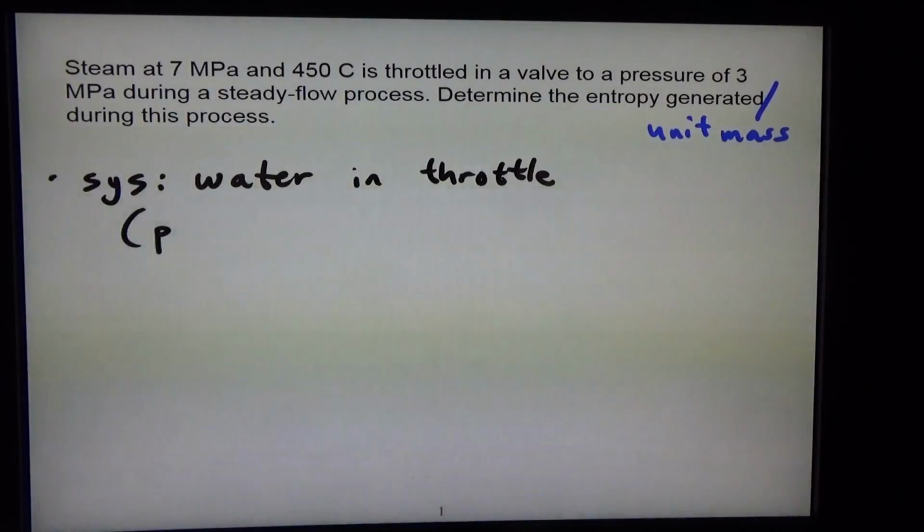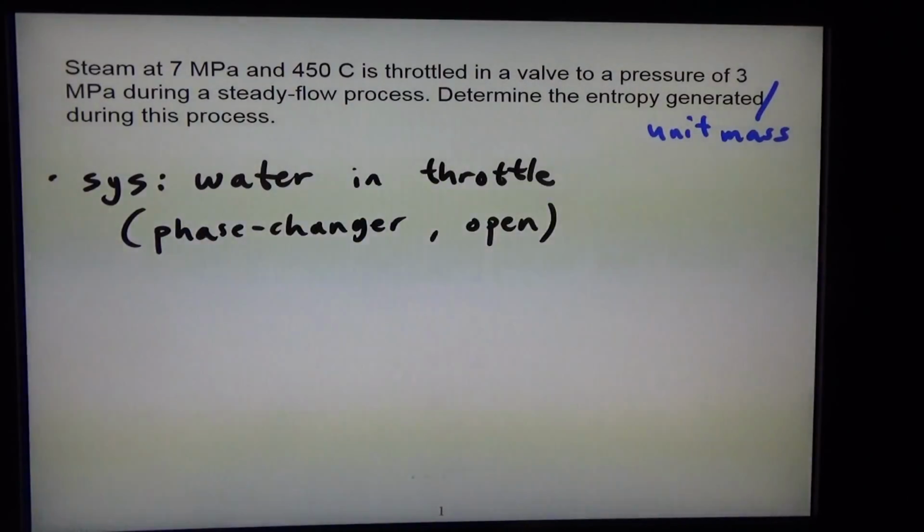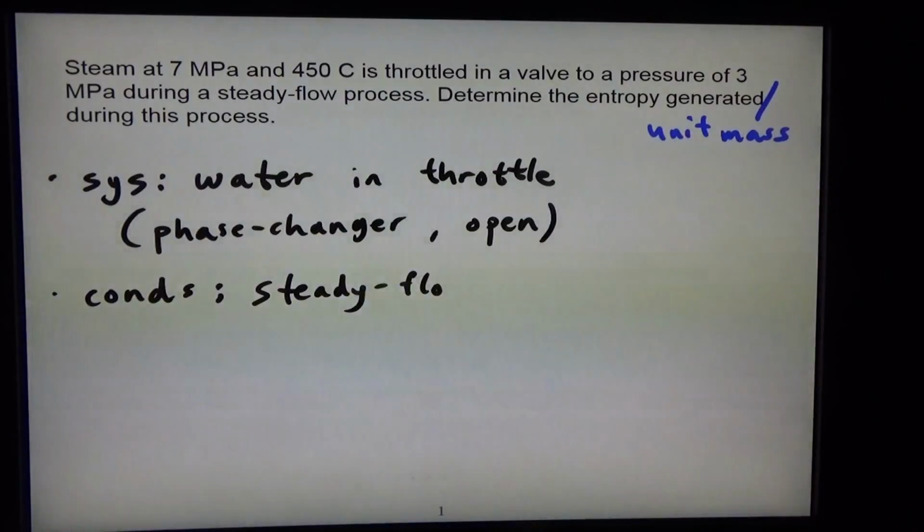Water is a phase change substance, and the throttle is an open system device. For the conditions, we have a steady flow process. It says that in the problem statement, but even if it didn't, we could assume steady flow for any open system.